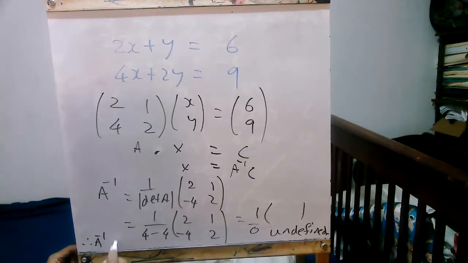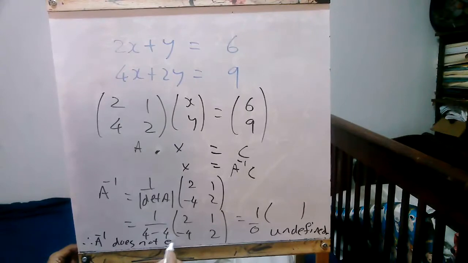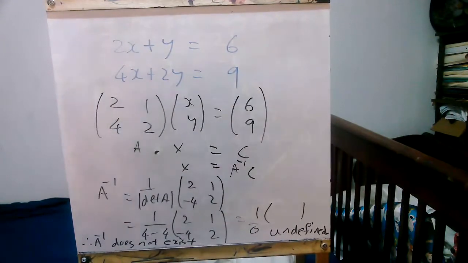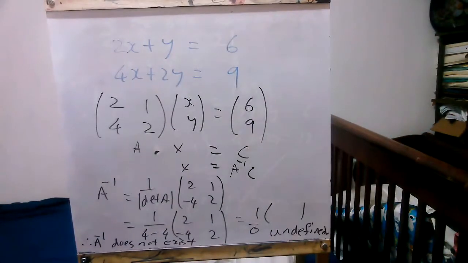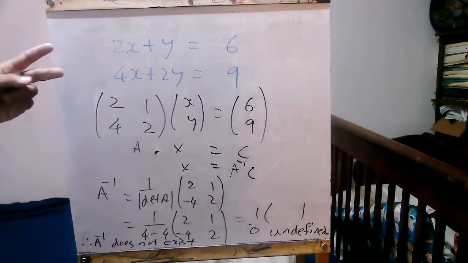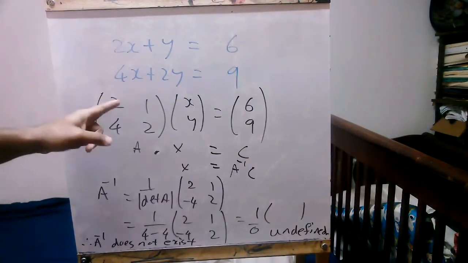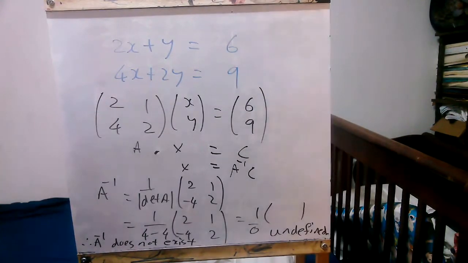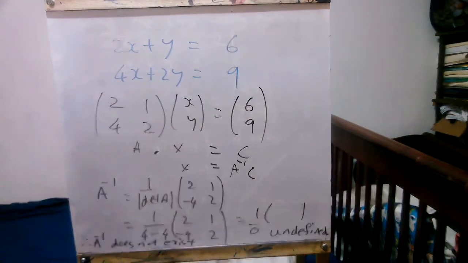A inverse does not exist, right? A inverse does not exist means we call this a singular matrix, right? That means this has no solutions, right?